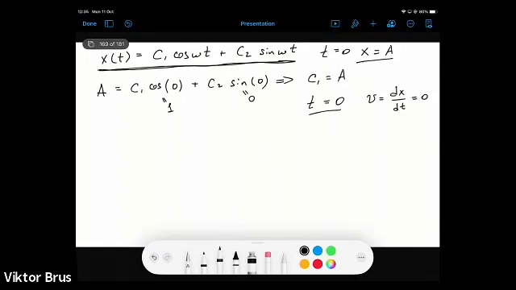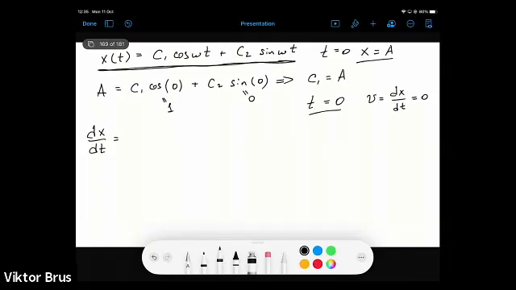So in order to get some benefit out of it, let us first take the derivative. So dx over dt will be, we know that the derivative of cosinus is equal to minus sinus, and the derivative of sinus is equal to cosinus.